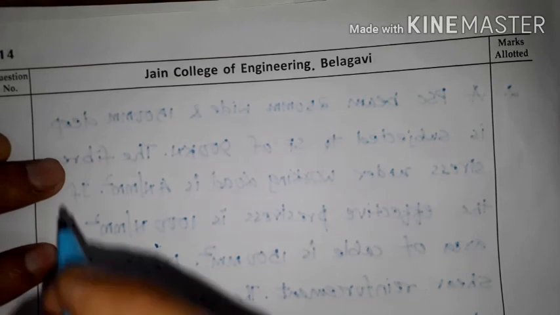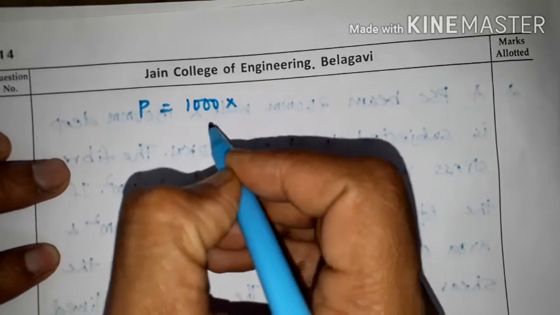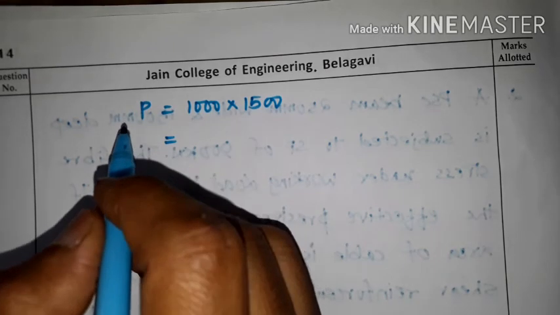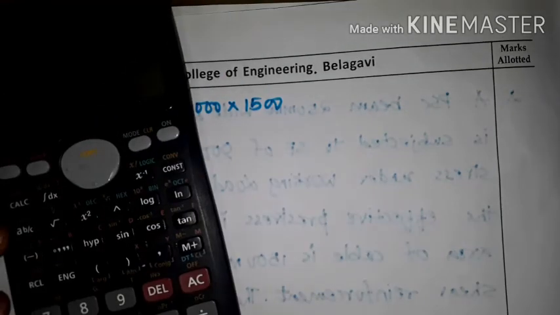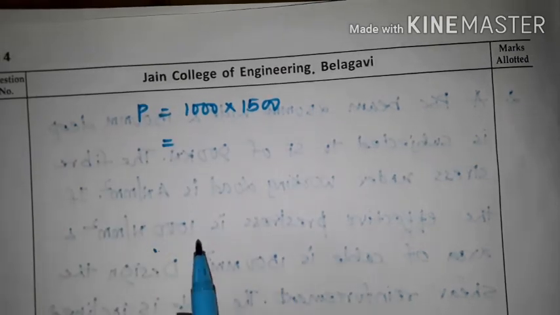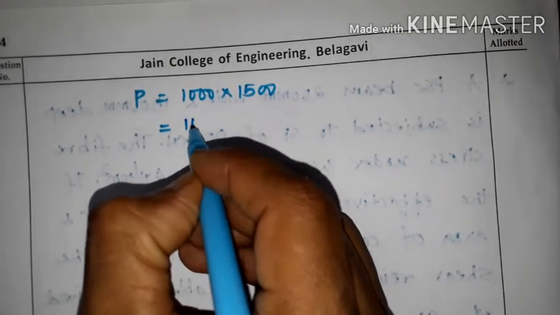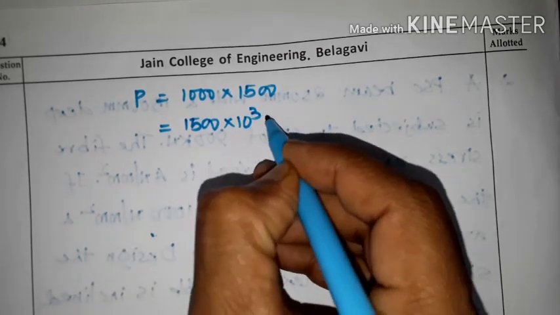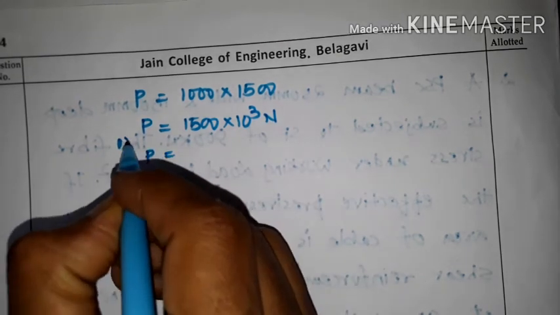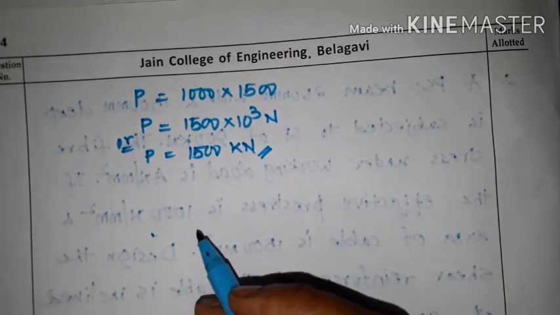FP is given as 1000 and the area of pre-stress is 1500, so we get 1500 into 10 raised to 3 Newton, or 1500 kilonewton.